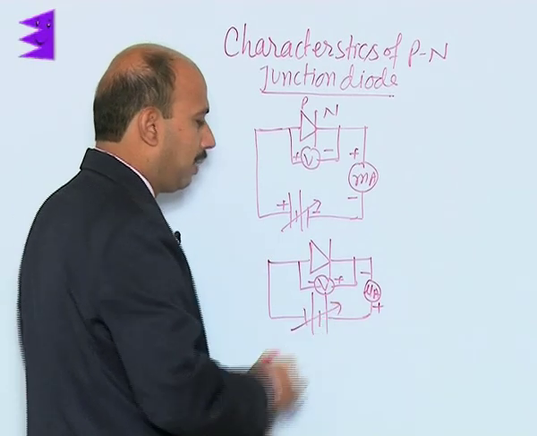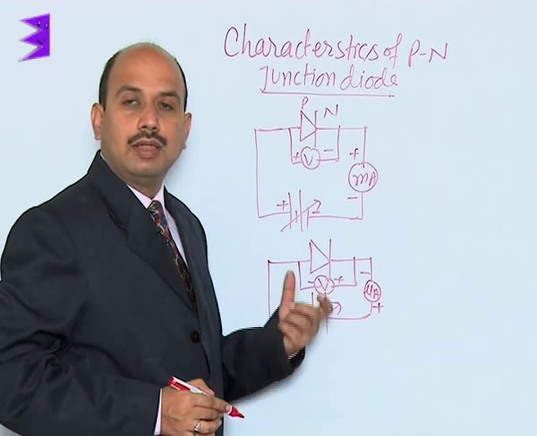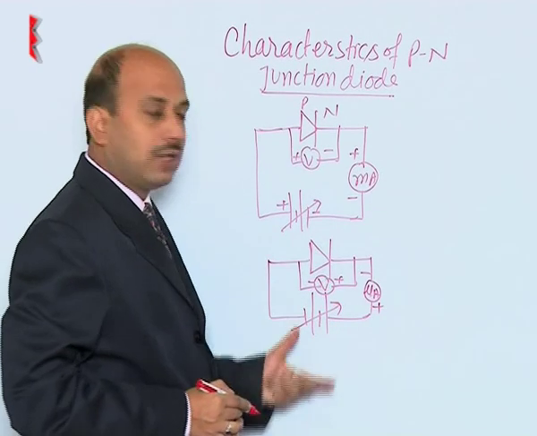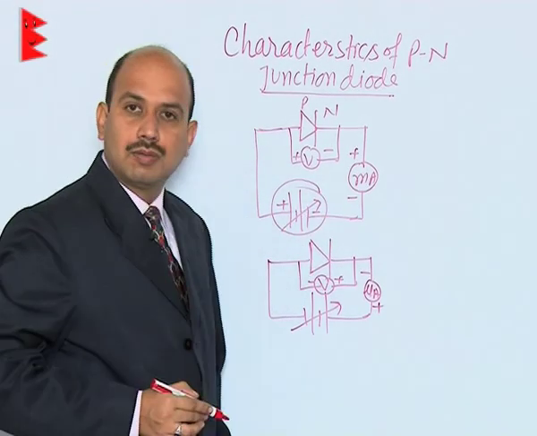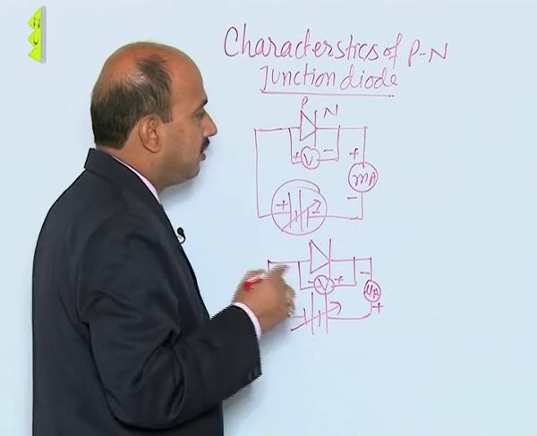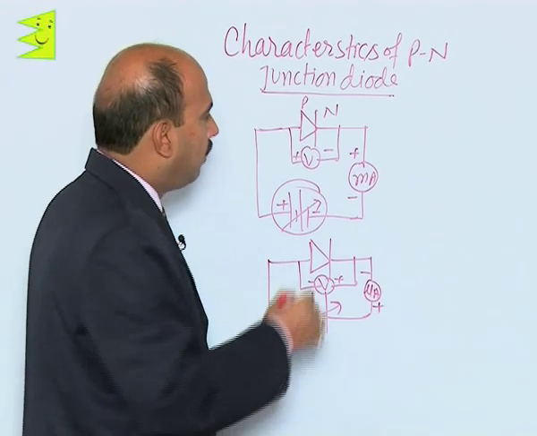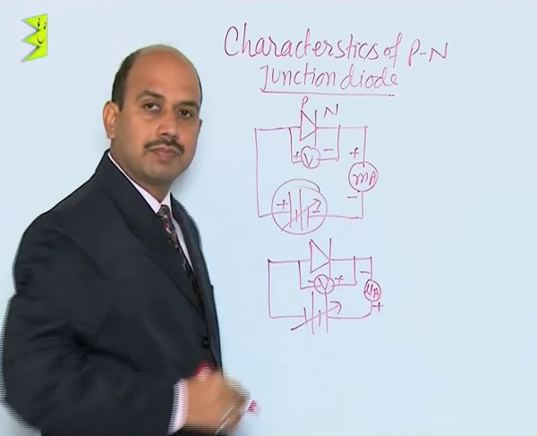This is a variable battery. In these two circuits, you can vary the voltage from the battery and see the nature of the graph drawn between V and I.